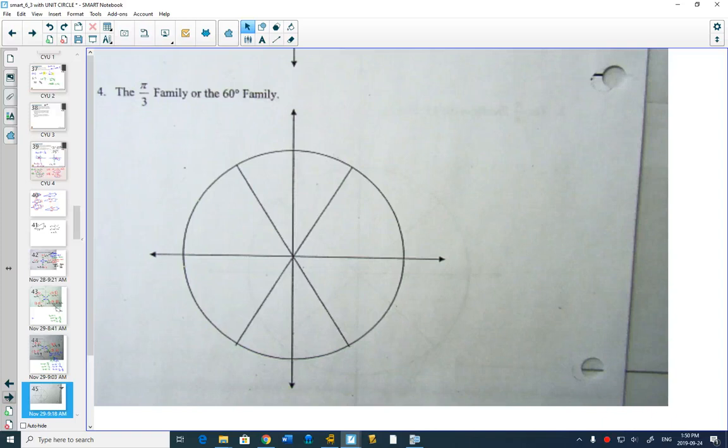Okay? So degrees, this is every family that has a reference angle of 60 degrees, or in radians, pi over 3. We've already done the special triangle. We know that cos of 60 degrees is 1/2.